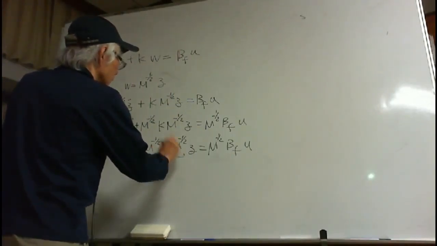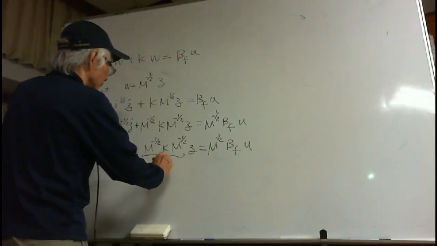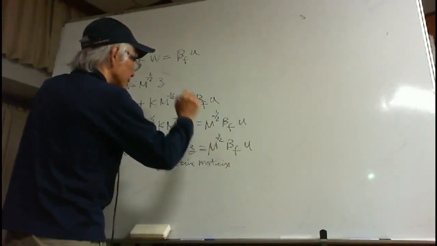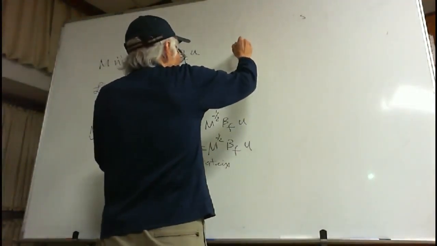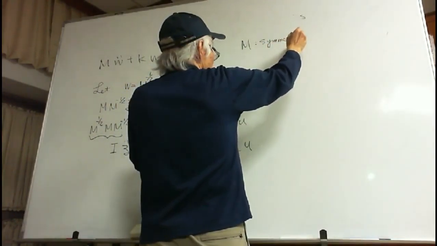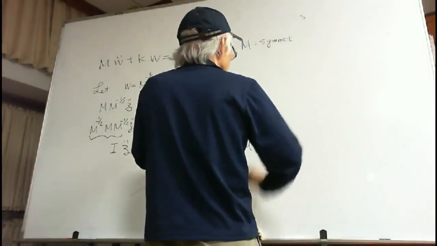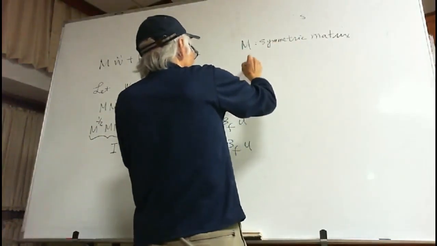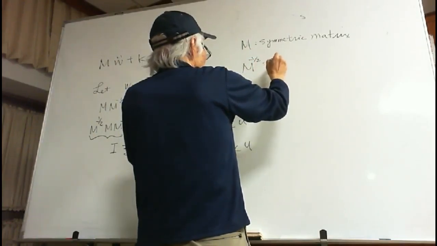This is a symmetric matrix. M is a symmetric matrix, and M to the half is also a symmetric matrix.